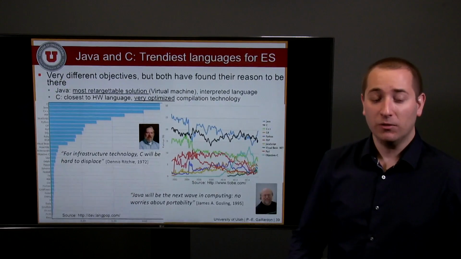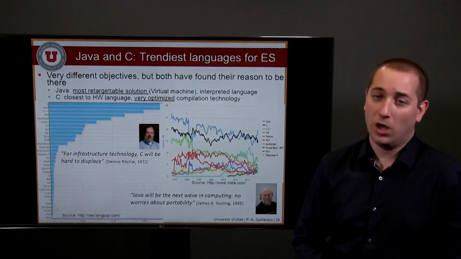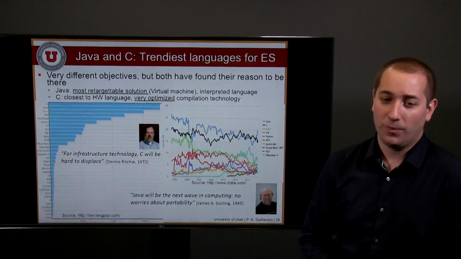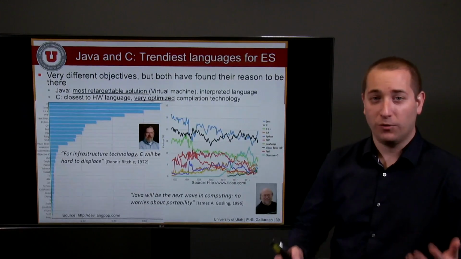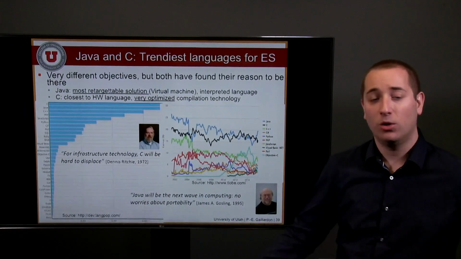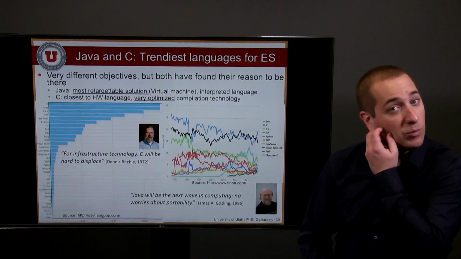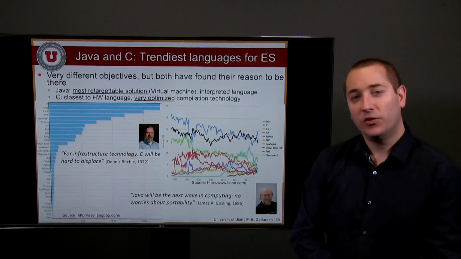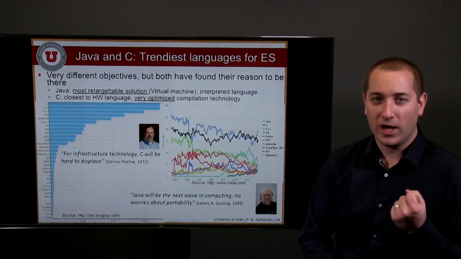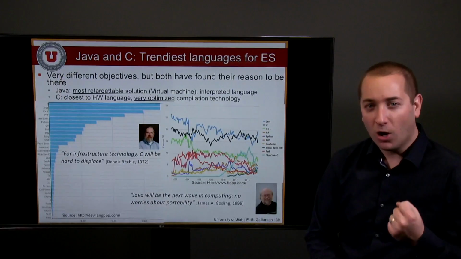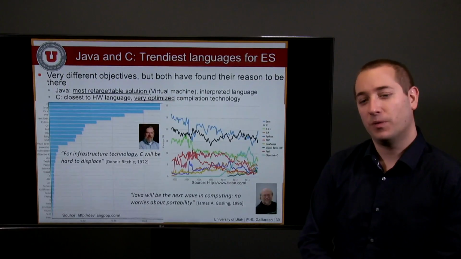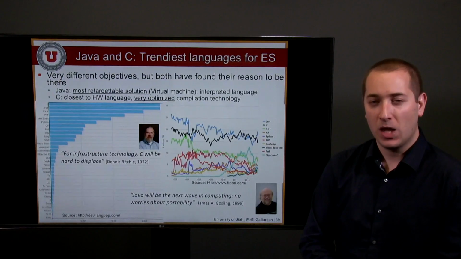They have different objectives, right? Java is made to support retargetable solutions, so you have a virtual machine running your code no matter what the system is, while C will be used to provide very optimized, close-to-hardware systems.